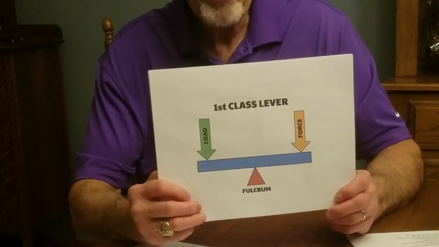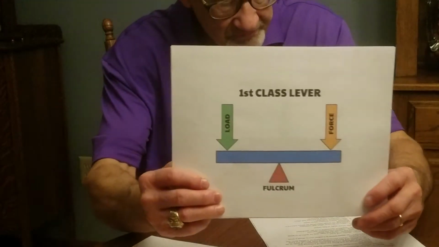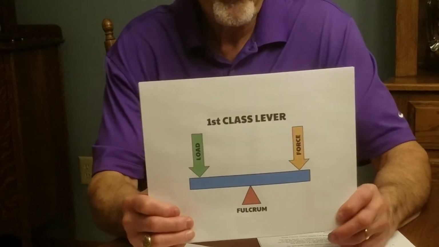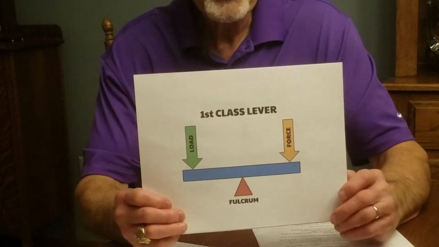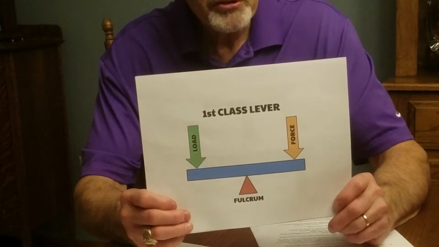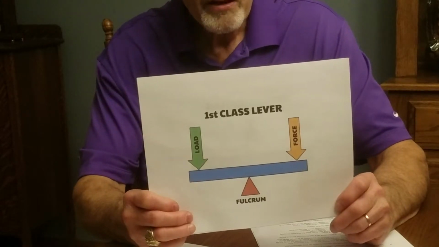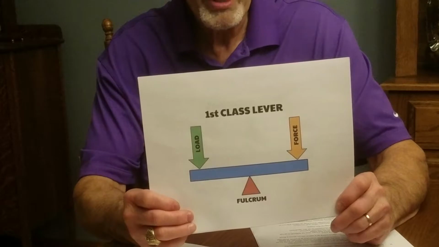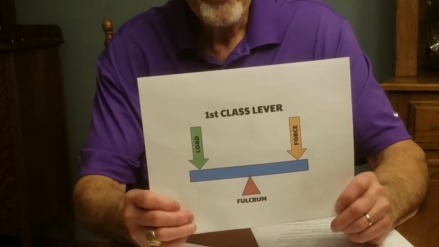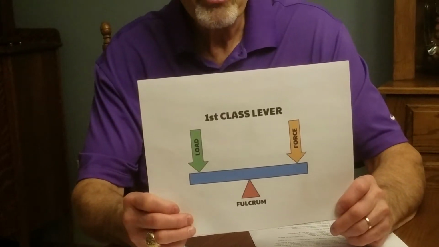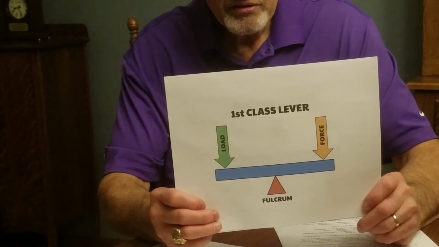And a couple of things to remember about the first class lever. First of all, it has a mechanical advantage to it depending upon where the fulcrum is positioned. Now, can you imagine trying to pry up a board where the fulcrum was real close to the effort. Doesn't work.